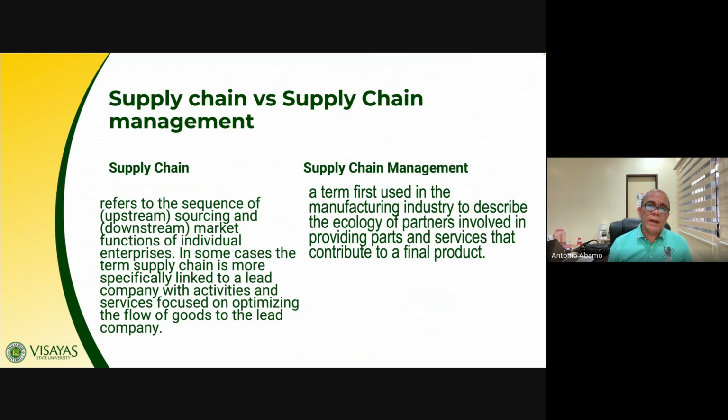A supply chain refers to the sequence of sourcing and market functions of individual enterprises, while supply chain management is a term used in manufacturing to describe the ecology of partners involved in providing parts. So supply chain management is more of the management of partners coordinating to produce the final product, whilst a physical supply chain is just a sequence of sourcing and marketing.